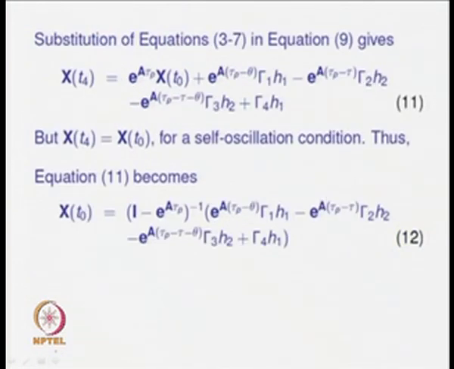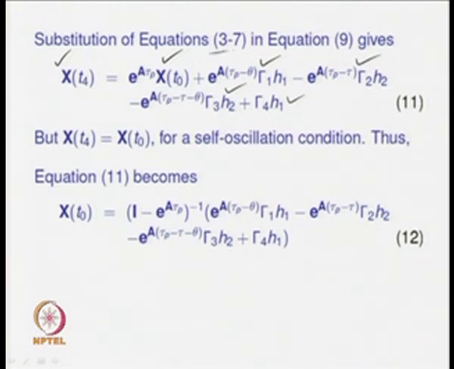Before that, we need to find the value of the state at time t equal to t4. So, the value of the state variable at time t equal to t4 can be given in the form of e to the power A tau p x(t0) plus e to the power A (tau p minus theta) times gamma 1 h 1 minus e to the power A (tau p minus tau) gamma 2 h 2 minus e to the power A (tau p minus tau minus theta) gamma 3 h 2 plus gamma 4 h 1. How do we get this solution of the state equation?